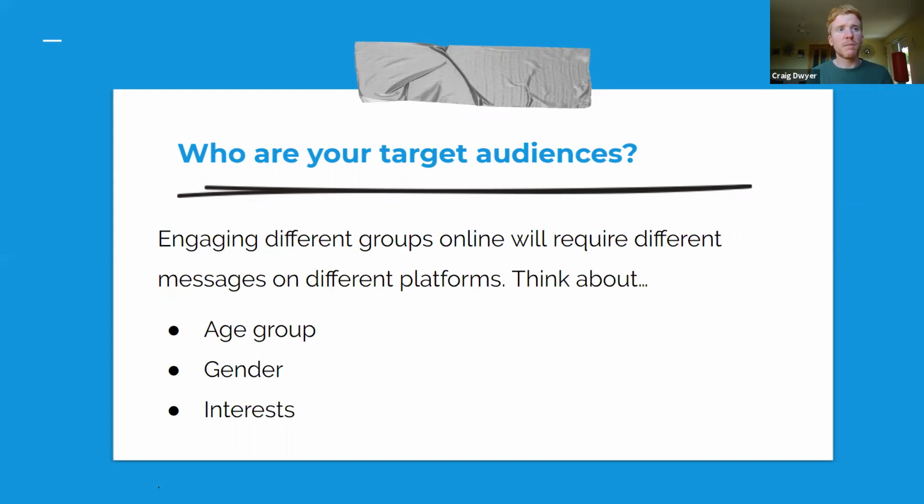I've also mentioned thinking about trying to come up with personas around the different target audiences. So what age group are they in, where are they based, what are they interested in? This will also come into play if we're thinking about social media advertising, which we'll talk a little bit about.